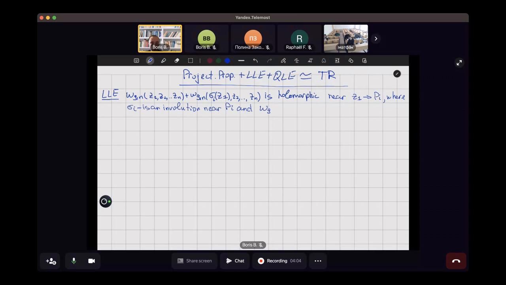Okay, so we also have quadratic loop equations, which are more or less the same. As in the previous lecture, we had slightly different notations, but it doesn't matter.